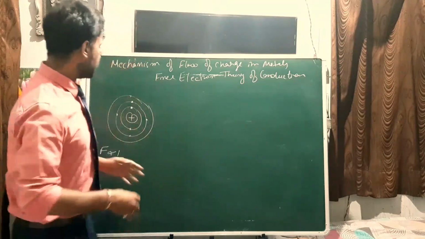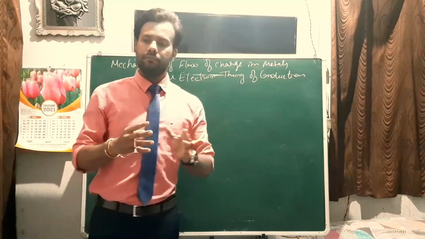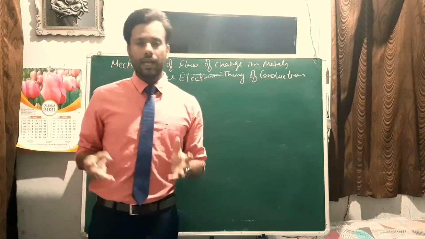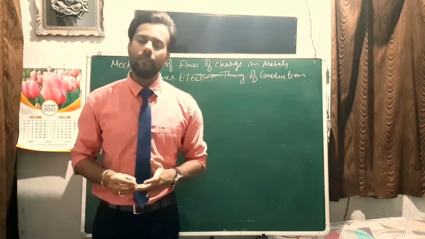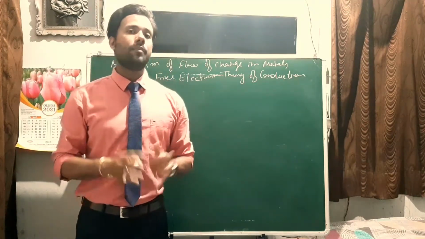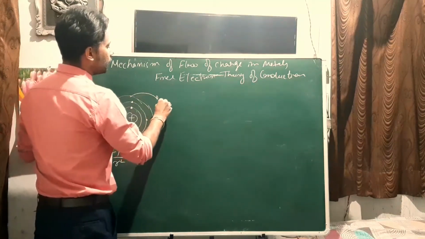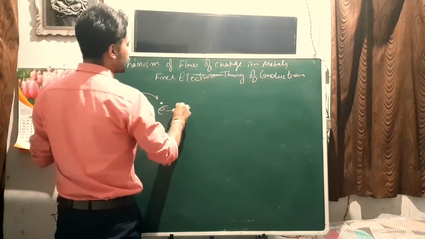So the outermost orbit electrons are very easy to detach from the atom. If they absorb a very small amount of energy from the outer environment, then they detach from the atom and become free. Such electrons which detach from the atom are known as free electrons.